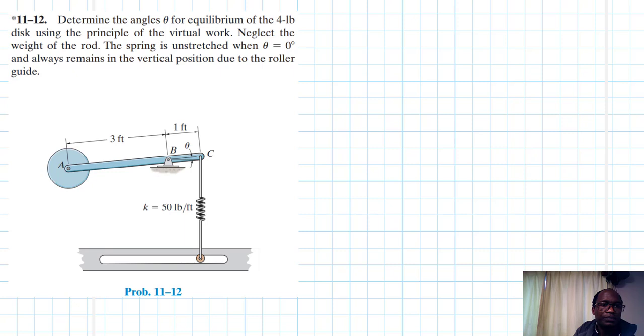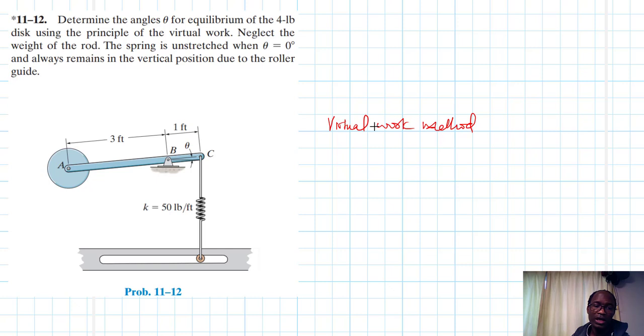All right. This problem is coming from the Engineering Mechanics and Statics textbook, 13th edition by R.C. Hibbeler. So we have been told to use the virtual work method, and this is an alternative to the equations of equilibrium methods for a particle, for a rigid body, for interconnected rigid bodies.